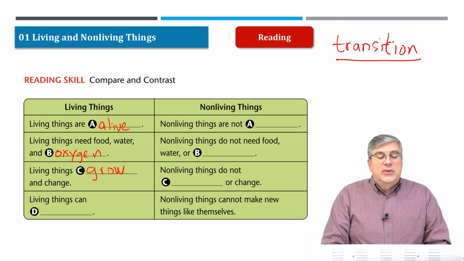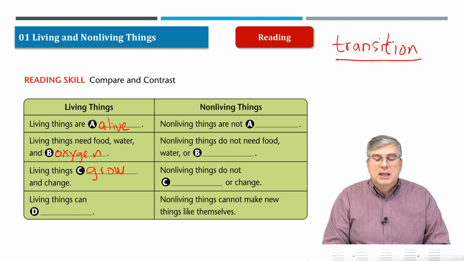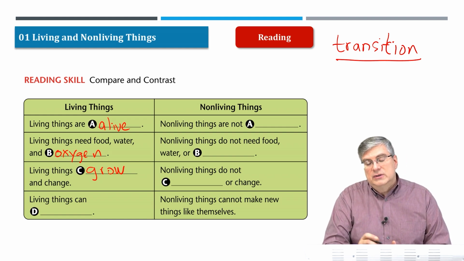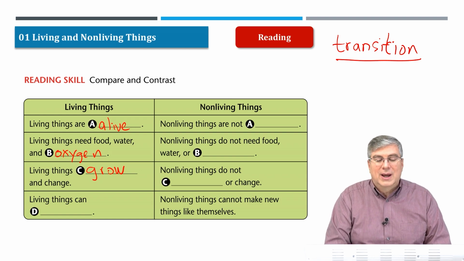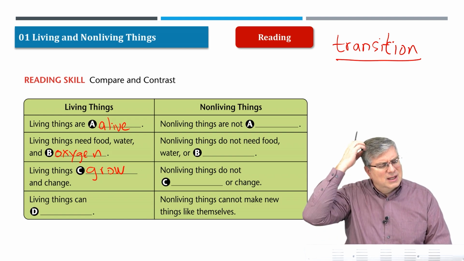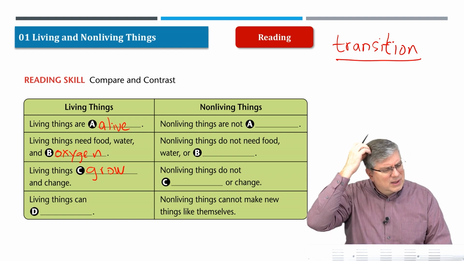Now, living things can blank. What do living things do that non-living things cannot do? There's a lot of choices we could use here, but we can just go over to the right-hand side and see, it's the opposite of what is on the right-hand side. We could say living things can breathe, or grow, or reproduce.